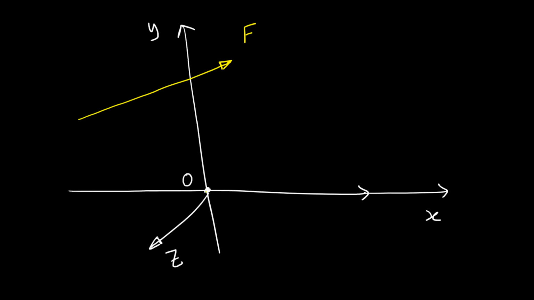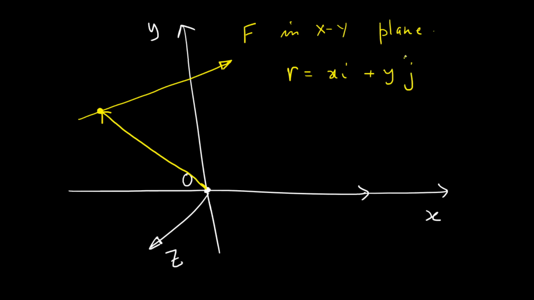The important point is that the force is in the xy plane, and we've done this calculation. It's passing through this point, so we've got r, which is, let's say, xi plus yj, and that's all you need for calculating the torque.